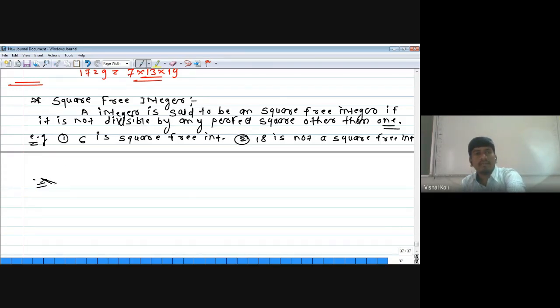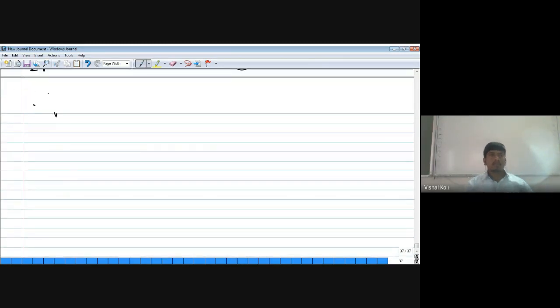There is one theorem depending on this definition. See the statement.